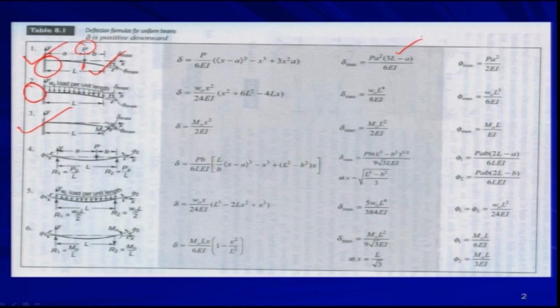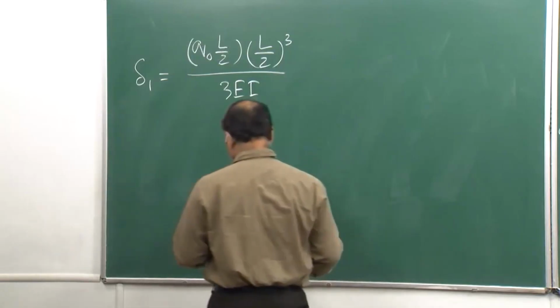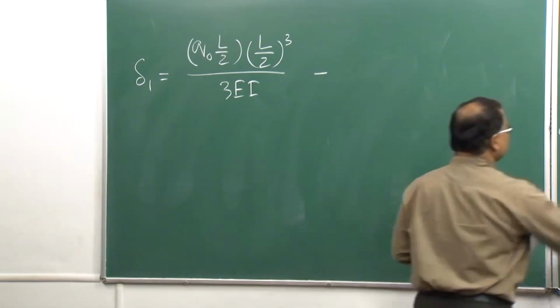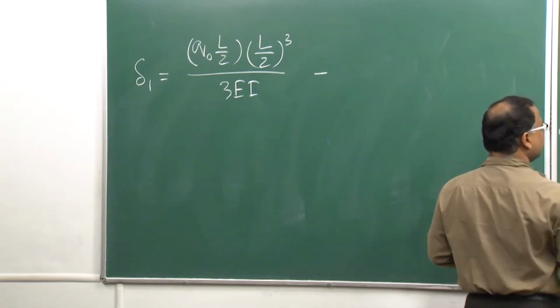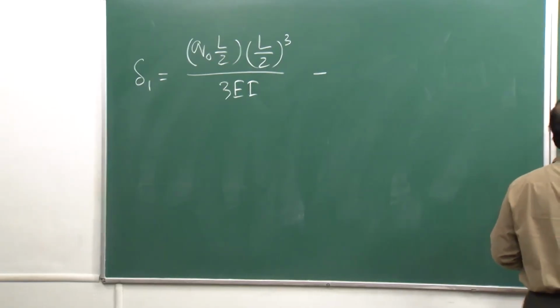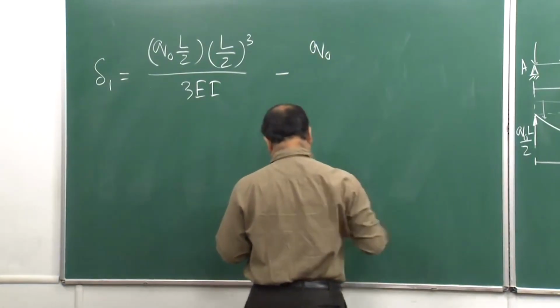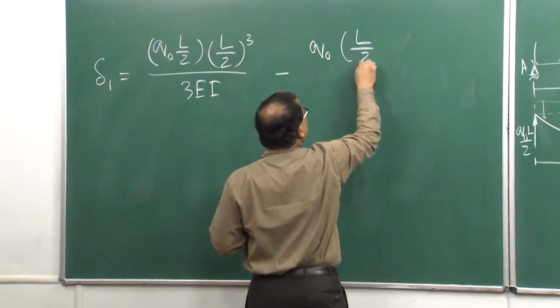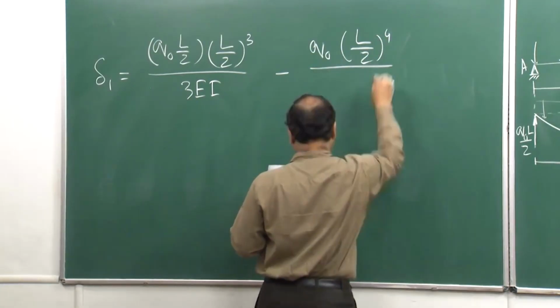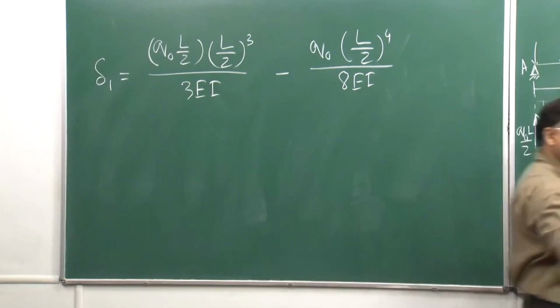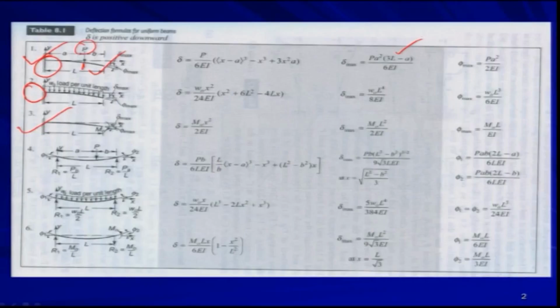If you consider A equal to L by 2, you will be getting that minus. That is going up and this will be giving you the minus sign. So, that is obtained as Q naught L by 2 to the power 4 by 8 EI. That comes from this problem.